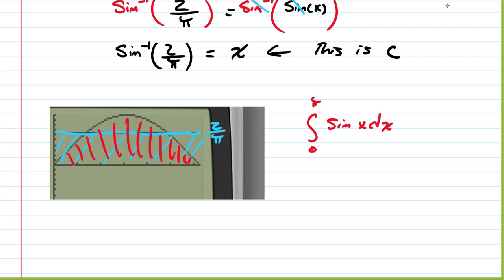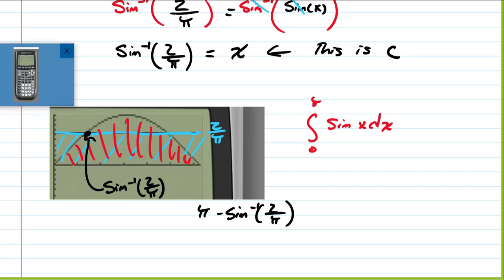And those two areas are equal, right? And we found the c value, which is here, so that is the inverse sine of 2 over pi. Turns out there is another one right here, so this one's not 2 over pi, but by the symmetry, that is pi minus, 180 degrees minus, the inverse sine of 2 over pi.